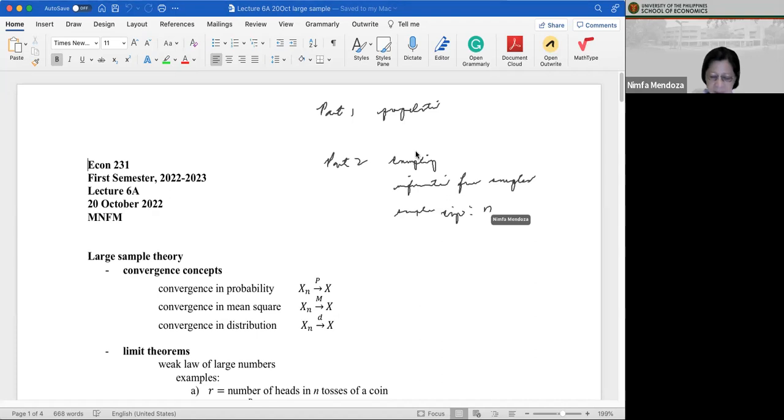Note that for those who have taken econometrics in their undergrad, you have the Gauss-Markov theorem, where you get the nice ordinary least squares properties. And these nice OLS properties are small sample properties.